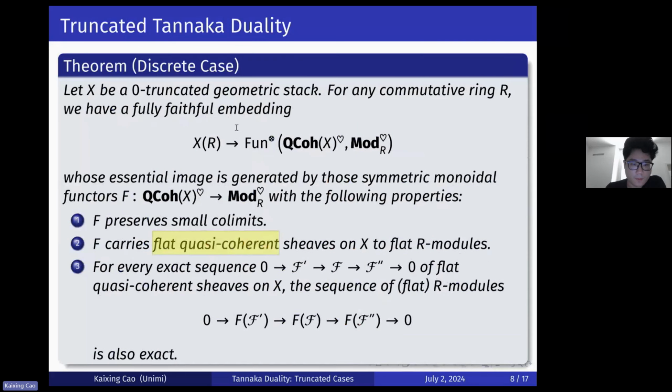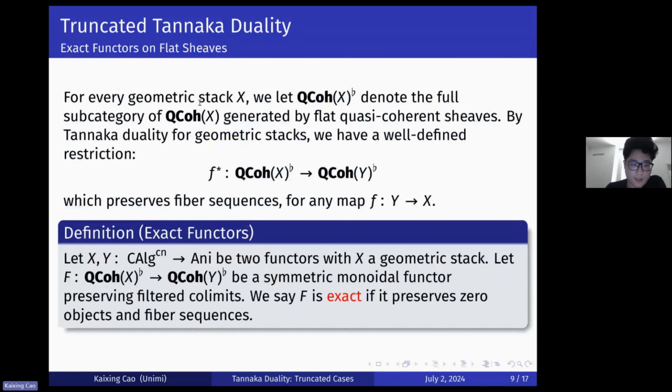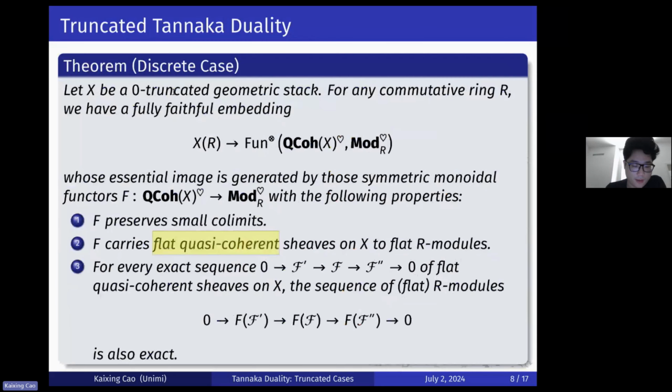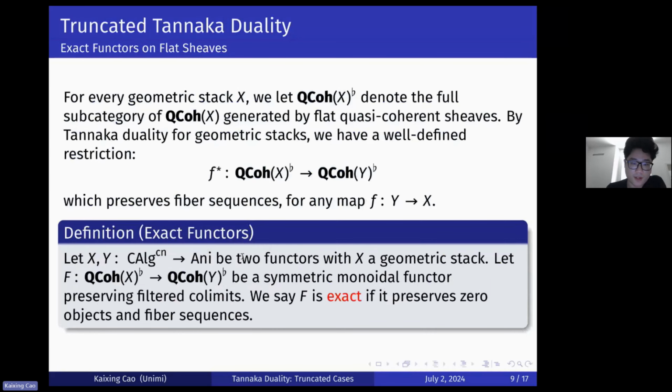So we need to know, in the higher truncated case, what the meaning of the second and third conditions is. We need to study some exact functors between the flat objects.